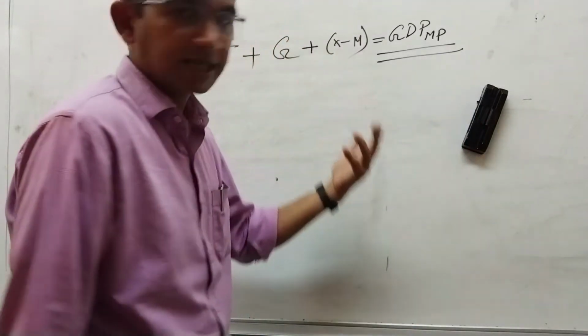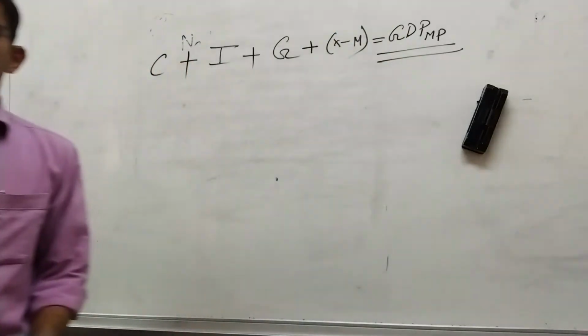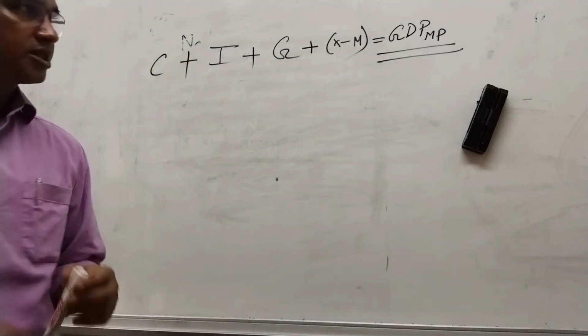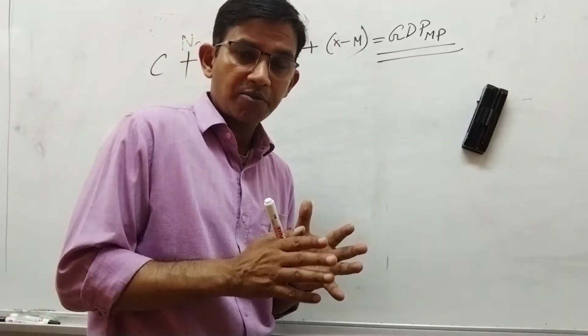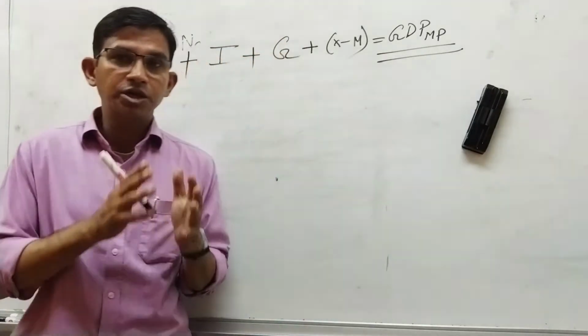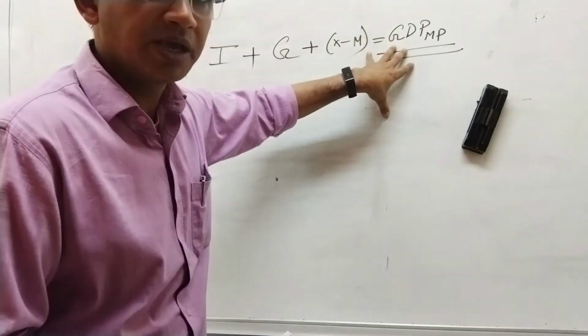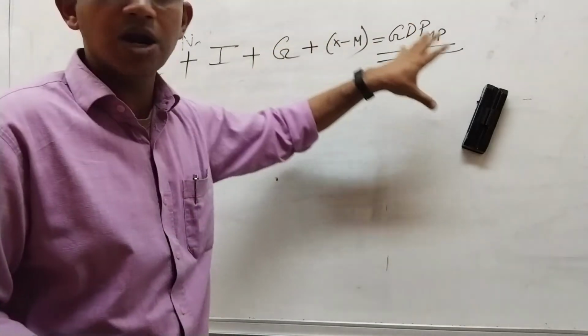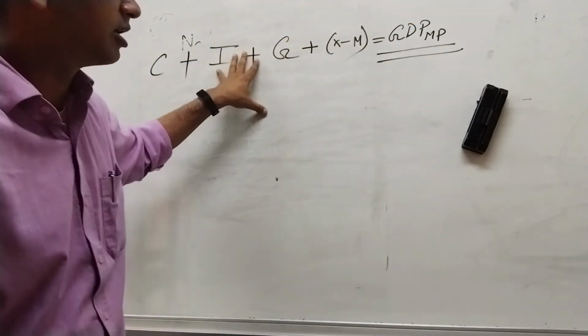If we want to come to national income, we have to make some adjustments, that means additions and subtractions, with this GDP-MP. Remember that national income means the sum of income earned by the domestically owned factors of production. But in GDP-MP, all the commodities are not produced by domestically owned factors of production.